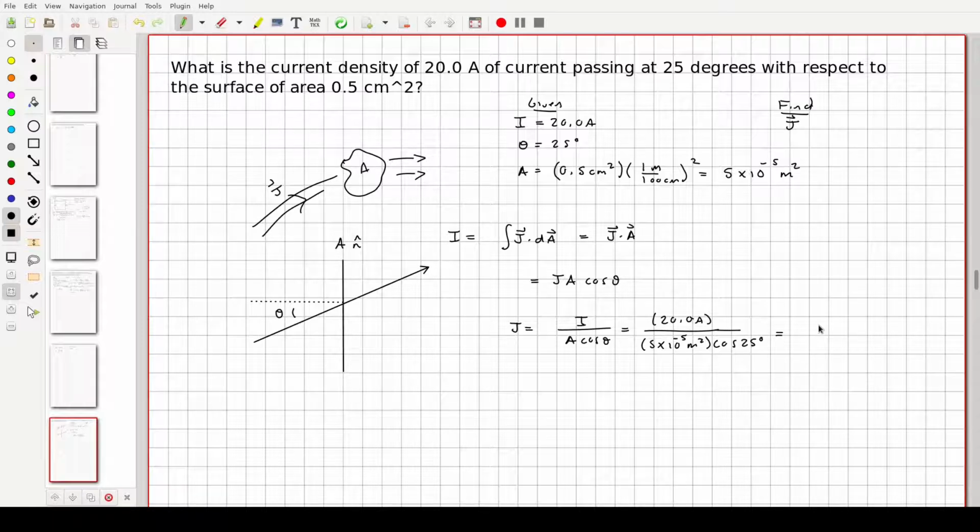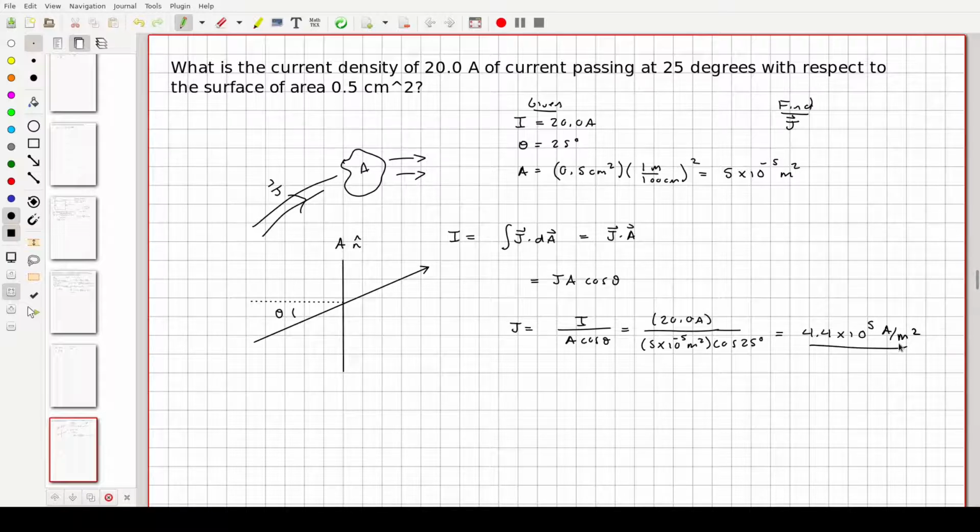So let's see here. 20 divided by 5 times 10 to the minus fifth times cosine of 25. And I get it's like 4.4 times 10 to the fifth amps per square meter.